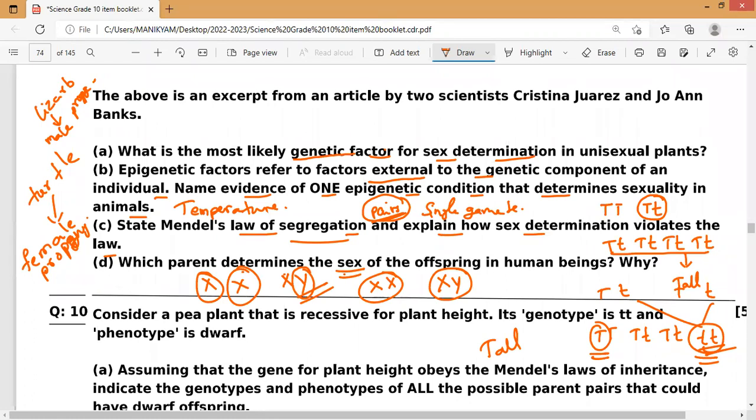It will be decided by both the male and female body by their donation of sex gametes only. So that is why it is not possible to apply the law of segregation for sex determination of offspring in human beings. Okay, so you can say no. Okay, write that. Next.